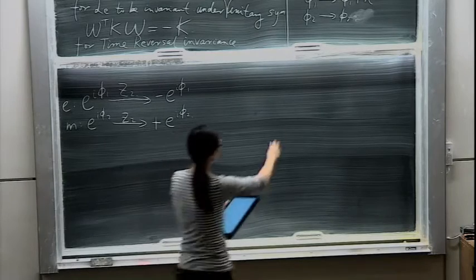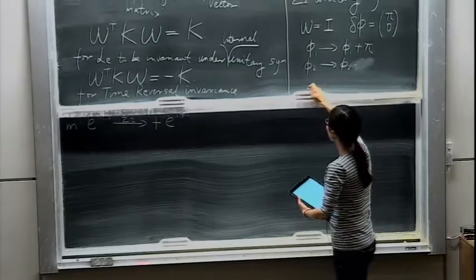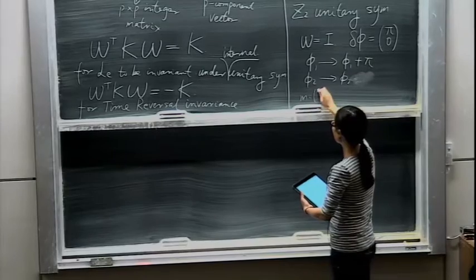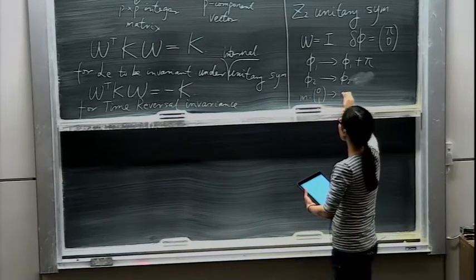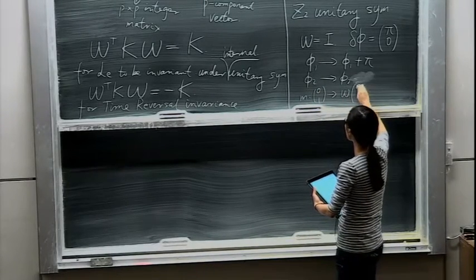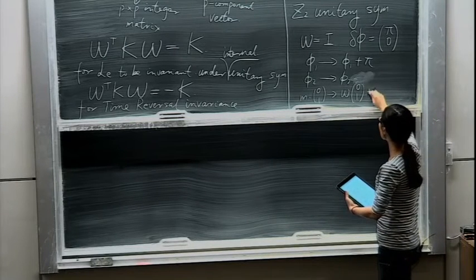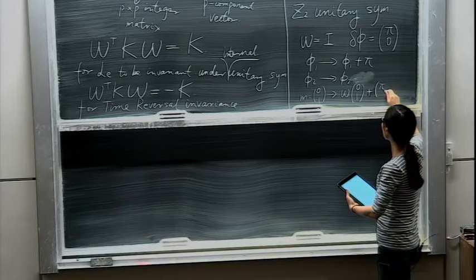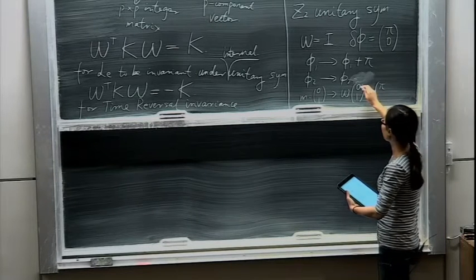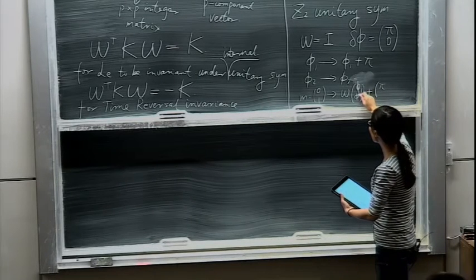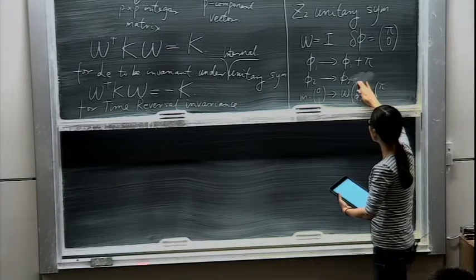Sorry. So the M vector is 0, 1, and it changes to W times 0, 1, plus this phase factor.